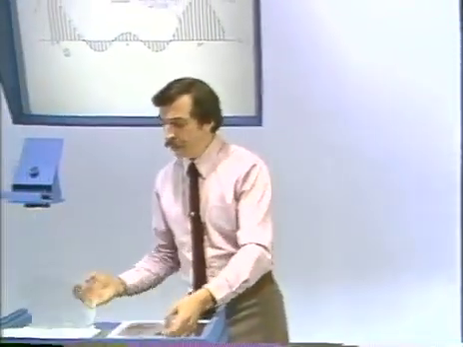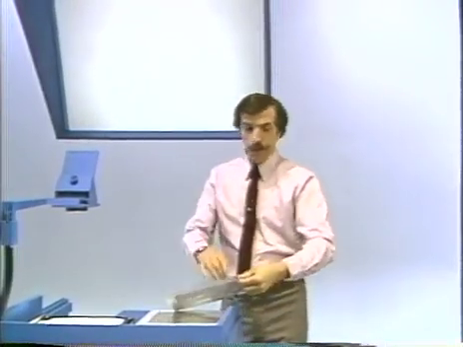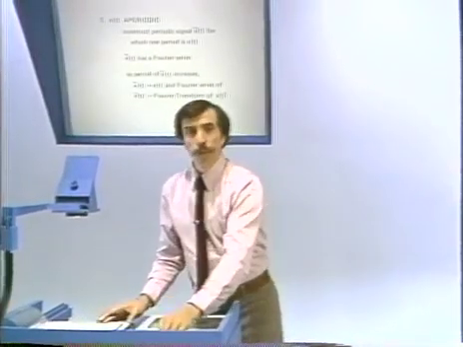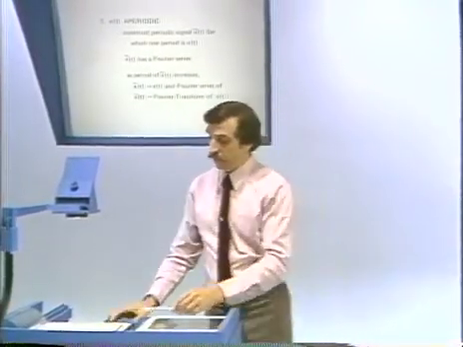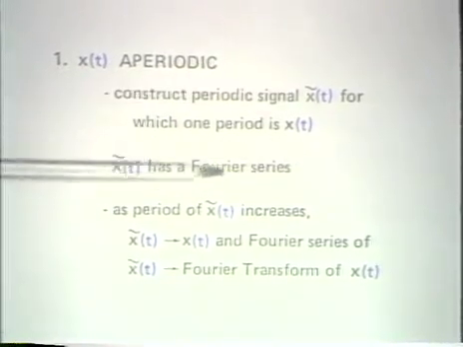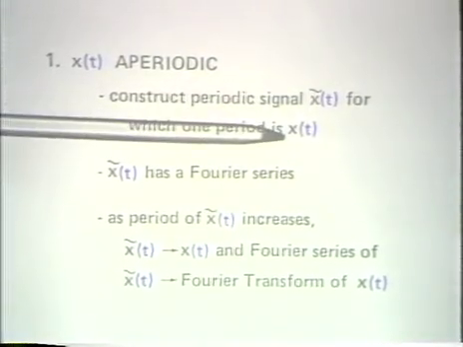Recall also that this was the trick we used in continuous time to develop a representation of aperiodic signals as a linear combination of complex exponentials. In particular, in the continuous time case, when we had an aperiodic signal, we constructed a periodic signal for which the aperiodic signal was one period.